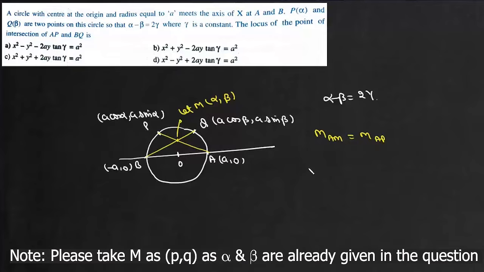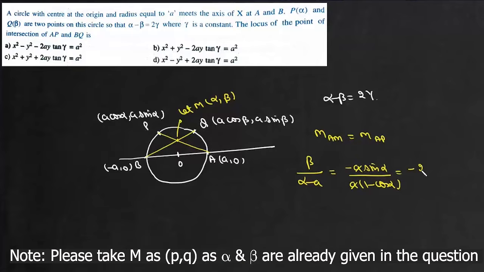Now the slope of AM is beta upon alpha minus a, which will be equal to minus a sin alpha upon a times 1 minus cos alpha. Now this a and a will cancel.